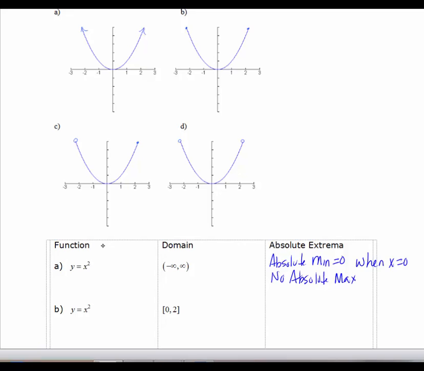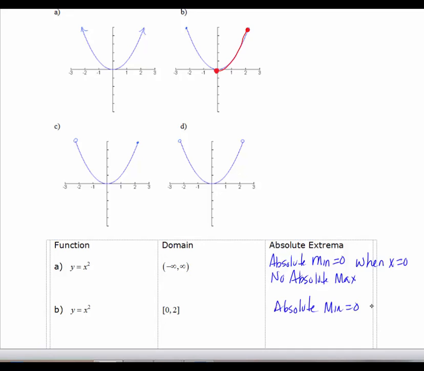Now let's look at an example. Instead of having an open interval, let's look at a closed interval. So we've got the same function, y equals x squared, only we're just going from 0 to 2. So let's just look at a piece of this graph. So looking at this graph on the domain of 0 to 2, 0 and 2 are included, I look and I see, is there a smallest y value on this interval? And there is. The absolute min is 0.